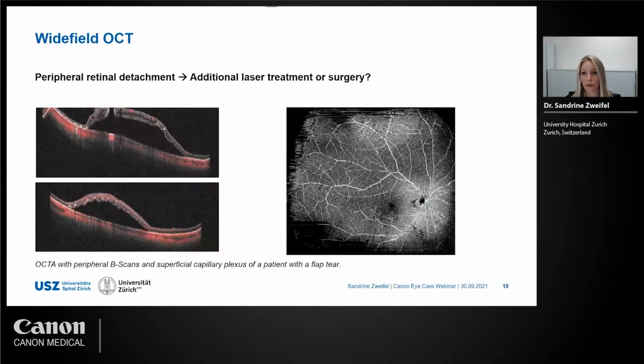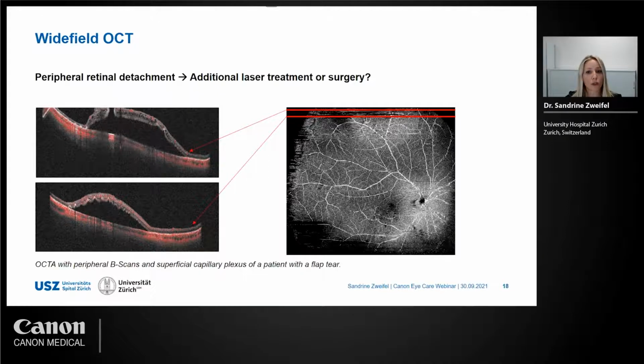After a few weeks, when the hemorrhage actually resolved partially, we did scan the patient using widefield OCTA, as you can see here. There are some imaging artifacts, but what you can nicely see here is that there is a full thickness retinal hole with a localized retinal detachment.